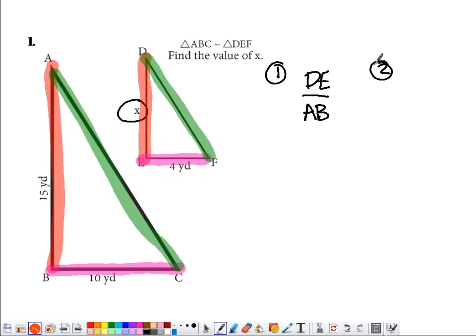So we're gonna have E, F over B, C. Wait, so you can only do the ones that have the measurements that are like the length. So the first set, you need the unknown. The second set, you need to know the lengths of both of the corresponding sides.